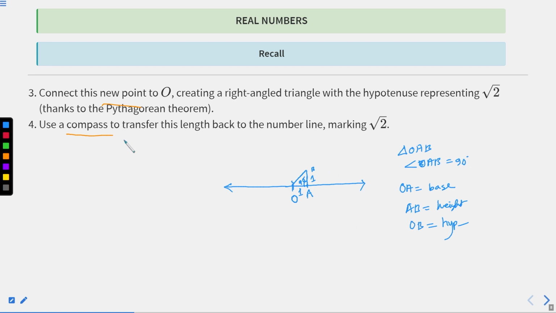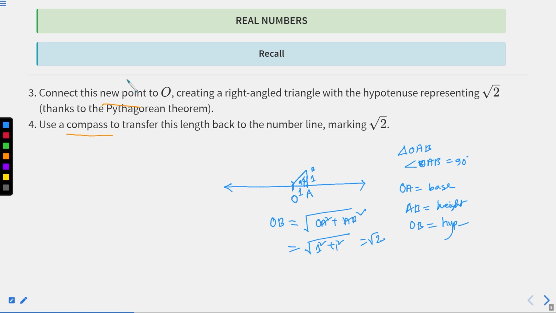So by the Pythagoras theorem, the length of OB is equal to the square root of OA square plus AB square. Here OA is 1 and AB is 1, so OB is equal to root of 1 square plus 1 square, which is equal to root 2.